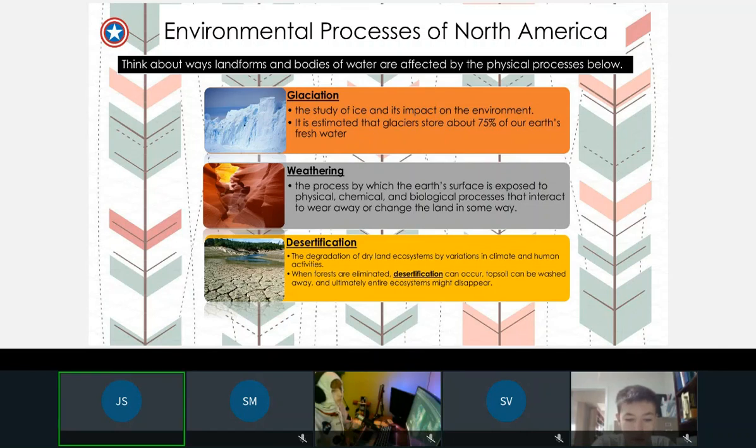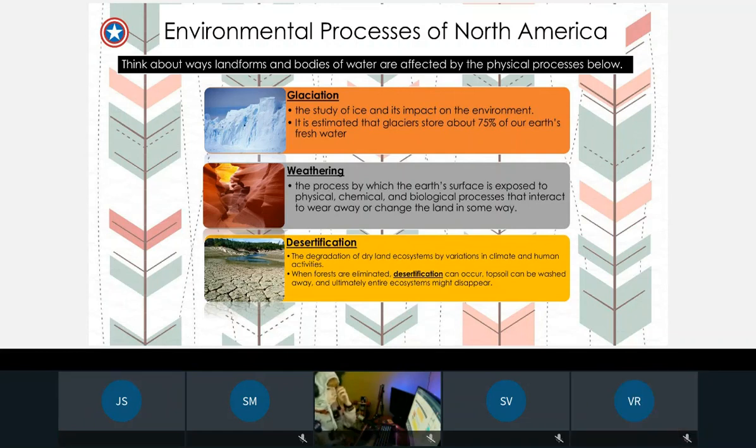Okay, so if you're living in Florida, is the process of climate change important to you? If you're living in Florida, or on the coast, or in Galveston or Corpus Christi, it's very important, right?